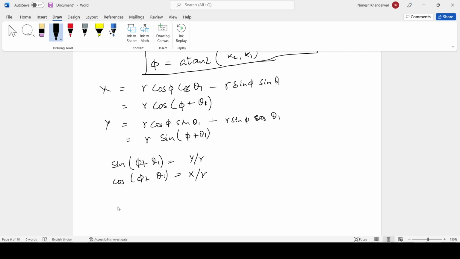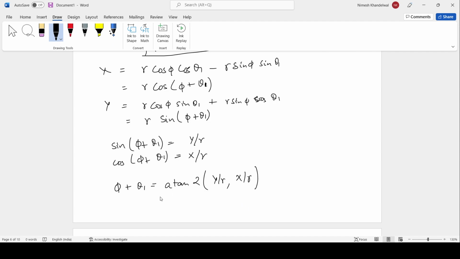So phi plus theta 1 I can calculate as tan inverse of y over r over x over r. Of course, I'll be using the atan2 function whenever I want to write tan inverse, because that is what we want programmatically, as it preserves the quadrant and gives the solution in the full range.